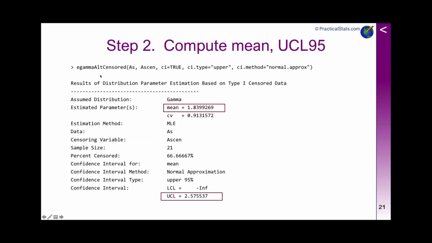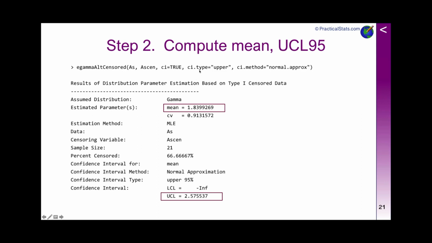Then in the software, it will fit that distribution, as I mentioned before, by maximum likelihood. This is the command in the EnvStats package to do that. It's a gamma distribution. Alt means it's going to give you the results back in the original concentration units, and it's doing this for censored data with non-detects. I want to get back a mean.